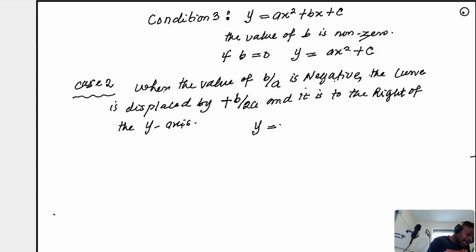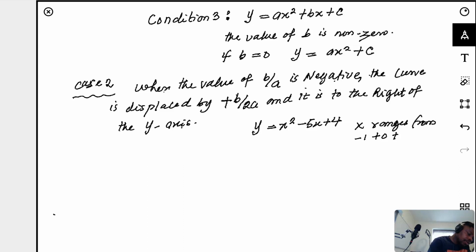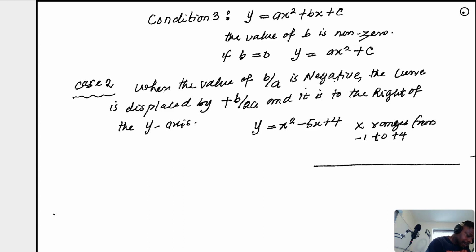Let's say y is equal to x squared minus 5x plus 4. Let's say x ranges from minus 1 to, let's say, plus 4. So we can put that here: x, y, minus 1, 0, 1, 2, 3, 4.